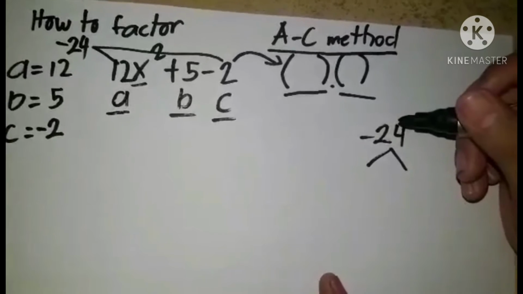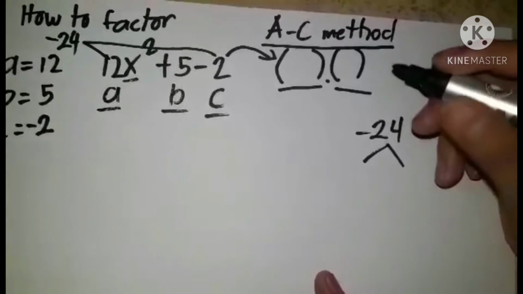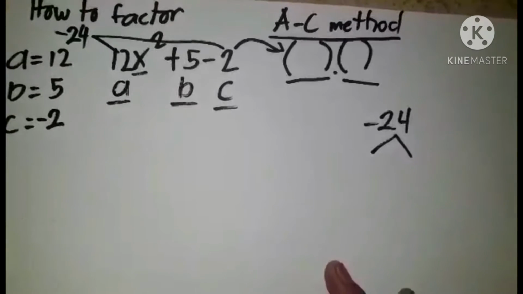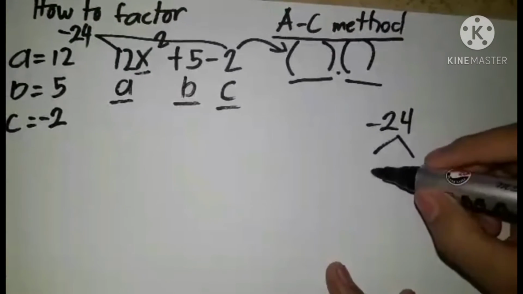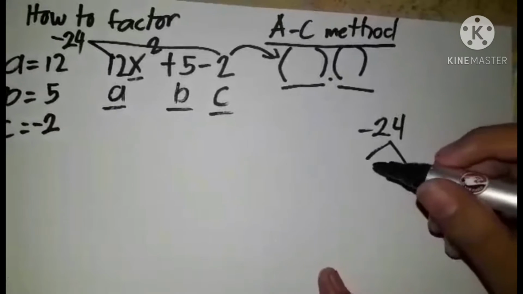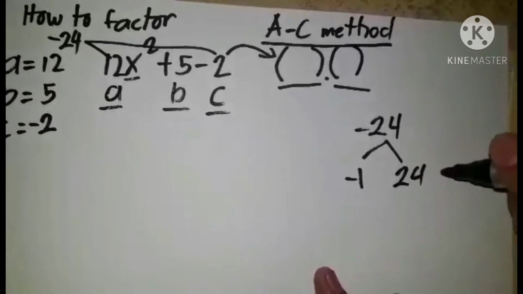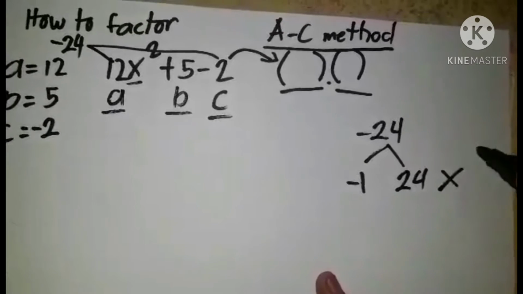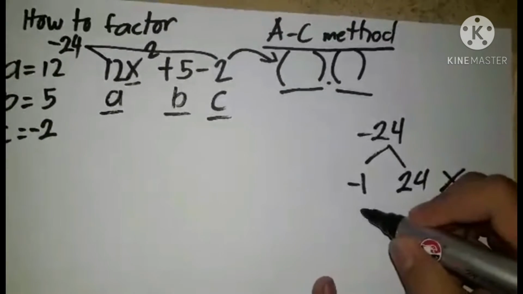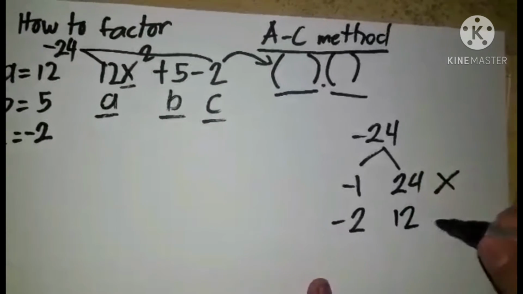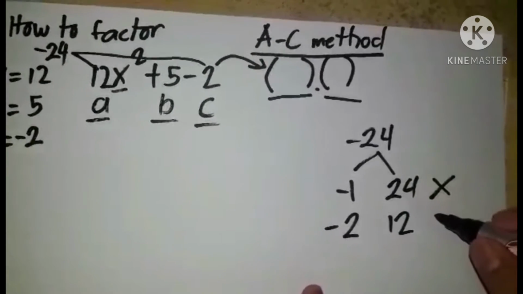There are two things we have to watch out for. Let's start with 1 times 24. One of them has to be negative, but let's say I make this one negative. Can I get 5 if I combine these two? No, so this one's not it. How about 2 and 12? If I put a negative here, I might get closer to 5, but not quite yet.